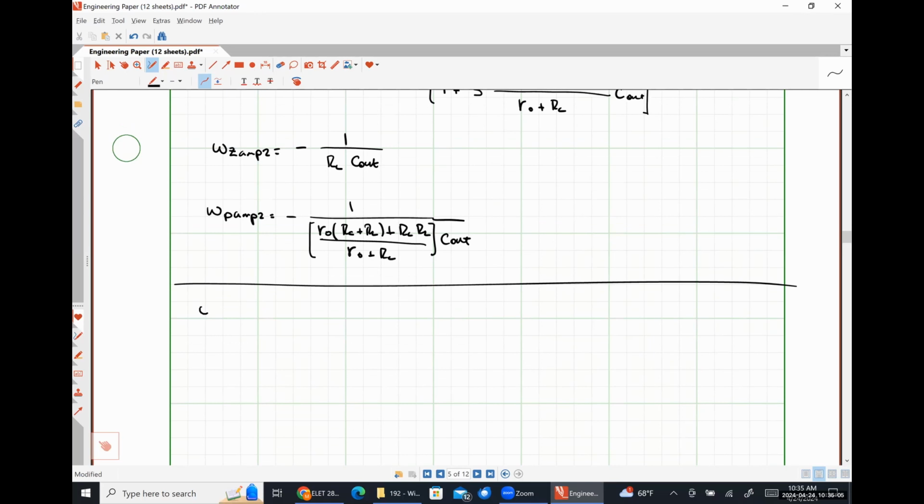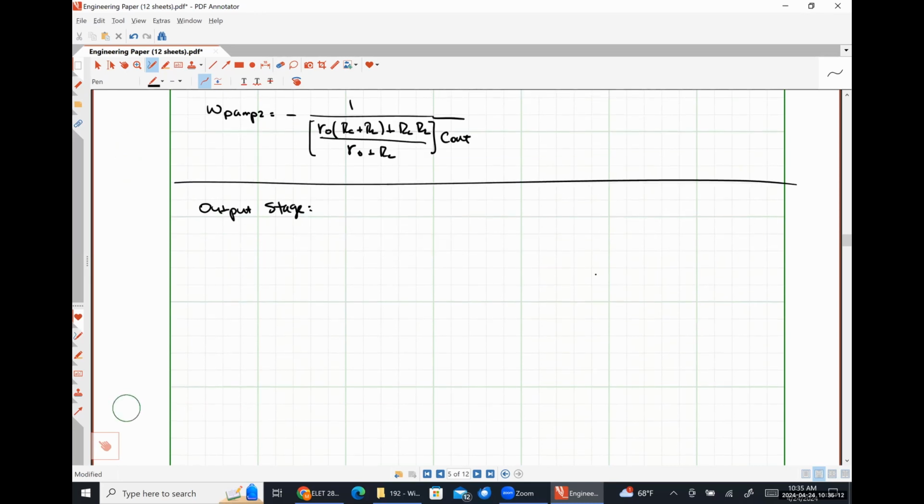Looking at the output stage, we effectively have this circuit. So here's our voltage Vy between our node Y and ground.